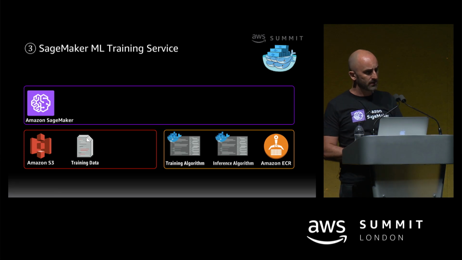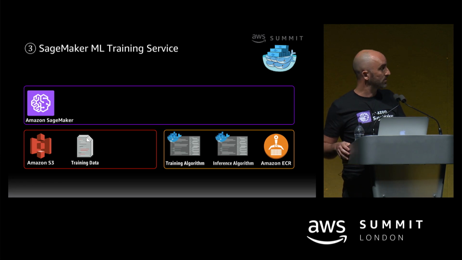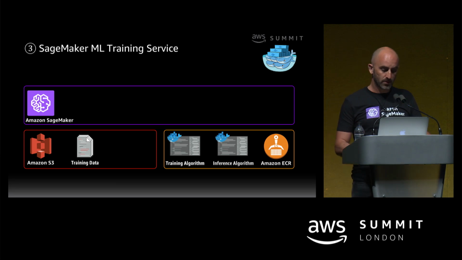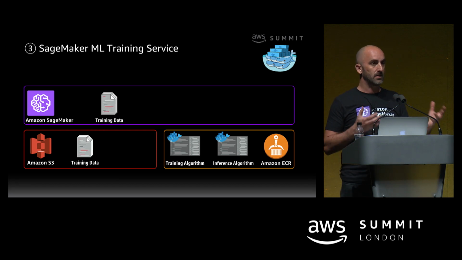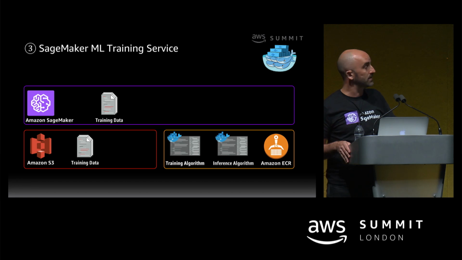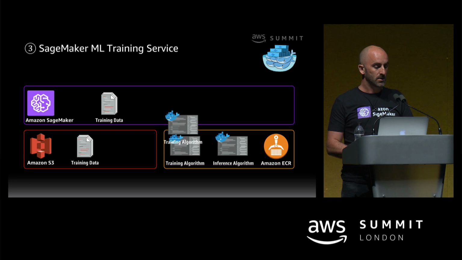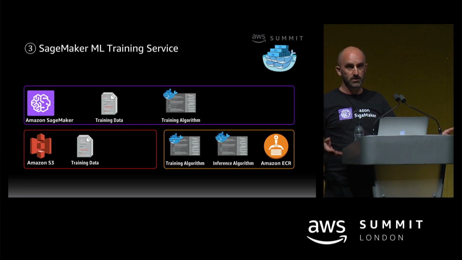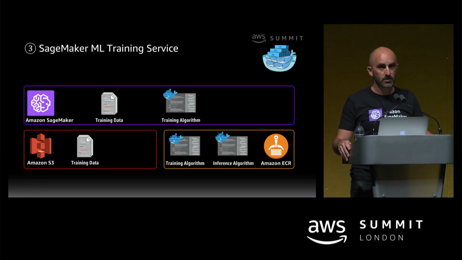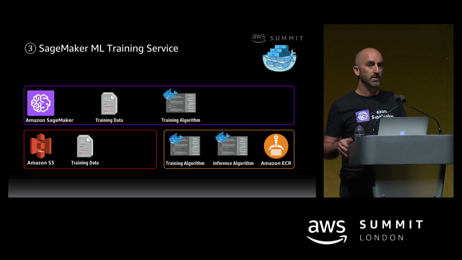So the way the training flow works, it all starts with the training data. Your training data needs to be hosted in S3. Amazon SageMaker, the training service, will pull the training data into the training component. Depending on what algorithm you're using, if it's a built-in algorithm or your own algorithm, that will determine the Docker image that it will pull into the service. It will spin up the infrastructure needed to train your particular model.